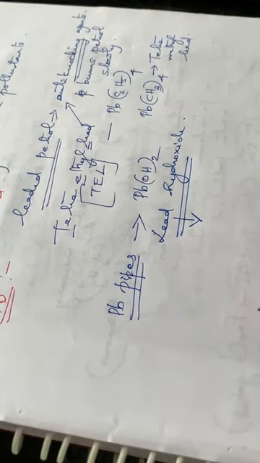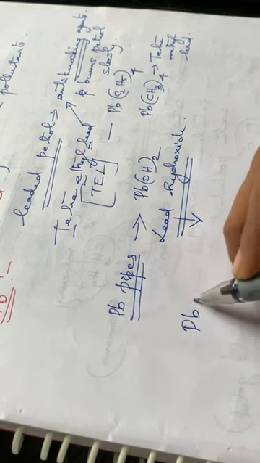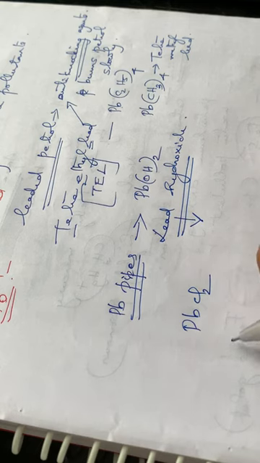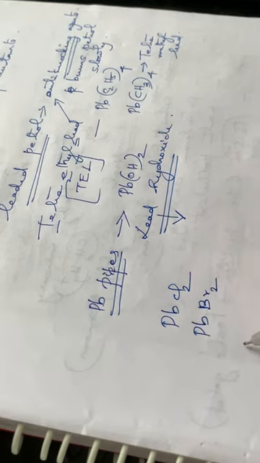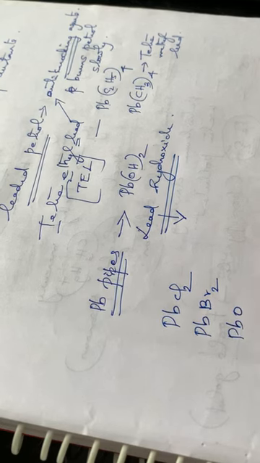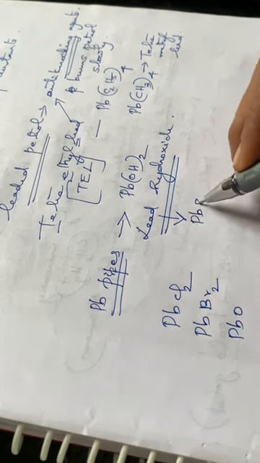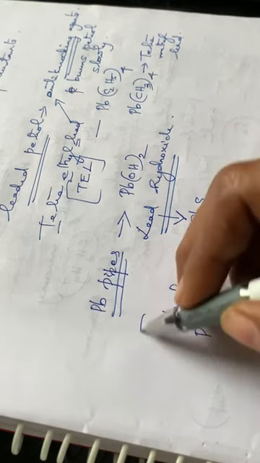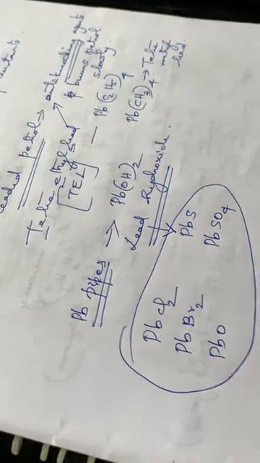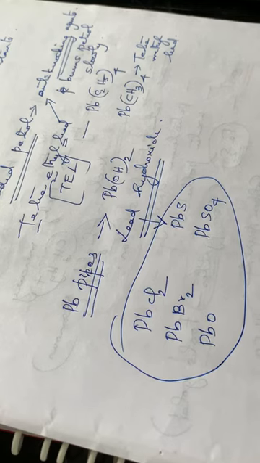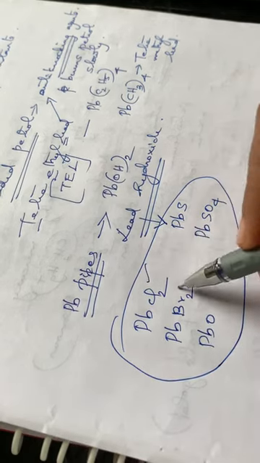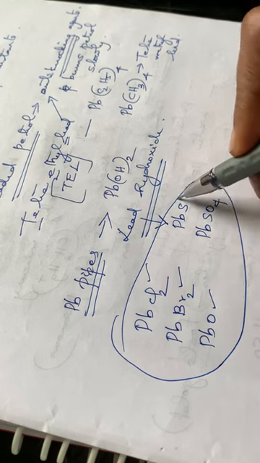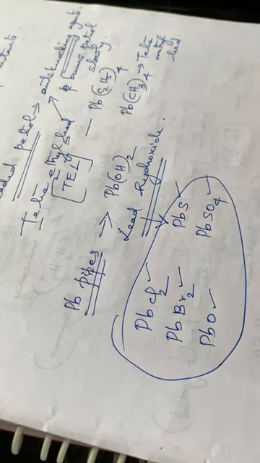Again, so many salts of lead are there: lead chloride, PbCl2; lead bromide, PbBr2; lead oxide, PbO; lead sulfide, PbS; and lead sulfate, PbSO4. These are some of the harmful lead compounds which act as water pollutants.